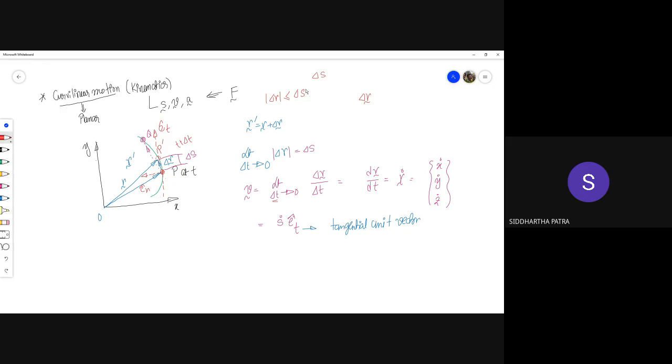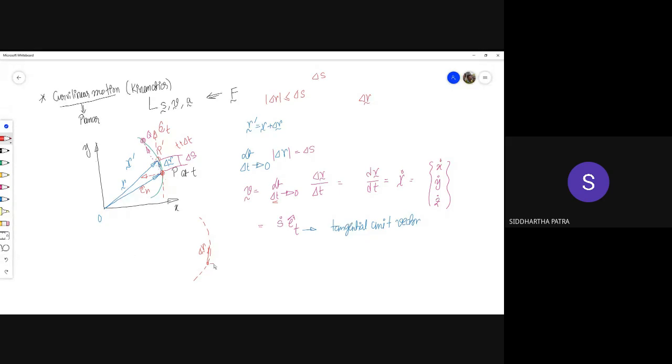But if you really think about it, in the limit delta t tends to 0, in a very small interval of time, this delta r is going to be really tiny. Let's say this is the exaggerated view of the path, and delta r gets smaller and smaller, and in the end its magnitude is going to be the same as this delta s, which is measured along the curvilinear path.